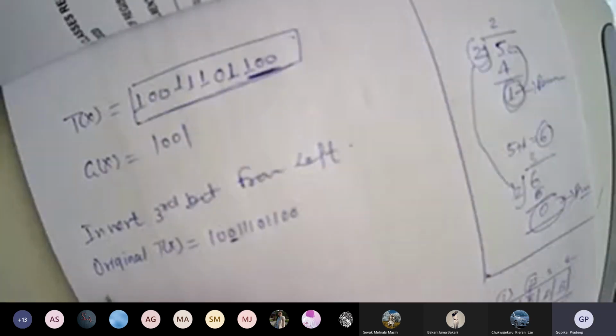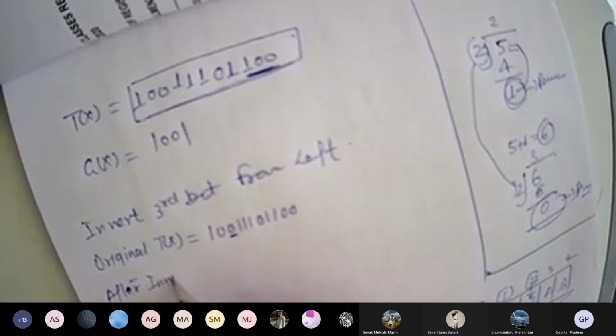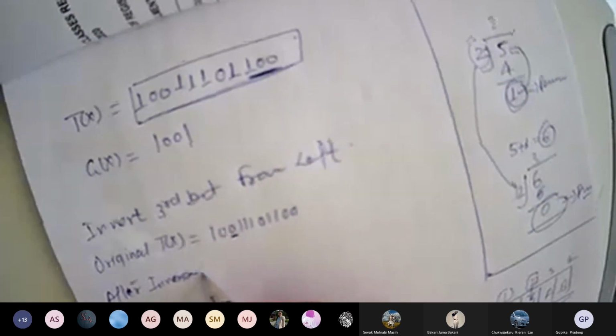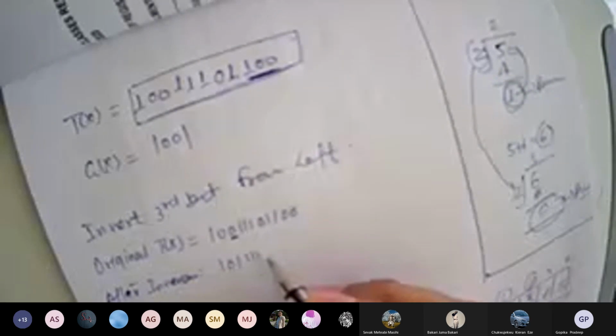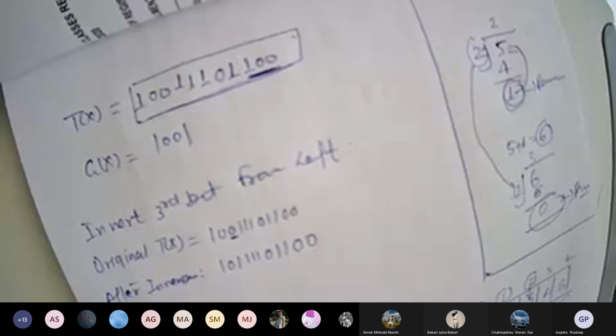So invert this. After inversion, 1, 0, 1, 1, 1, 1, 0, 1, 1, 0, 0. You will get this.